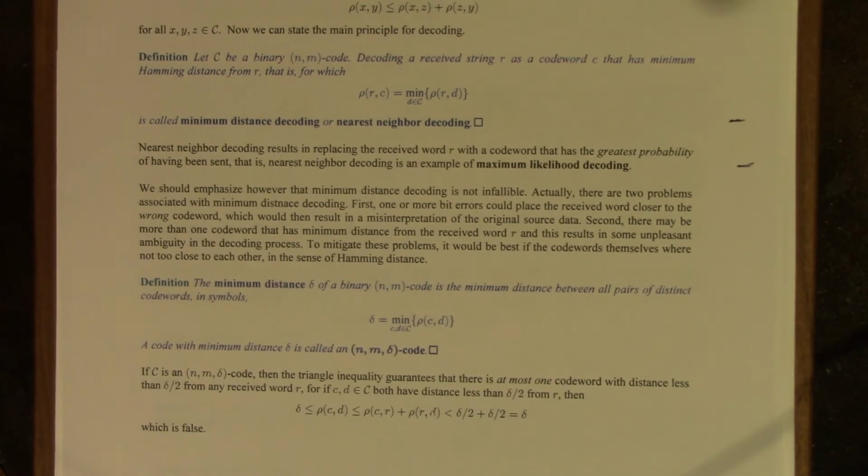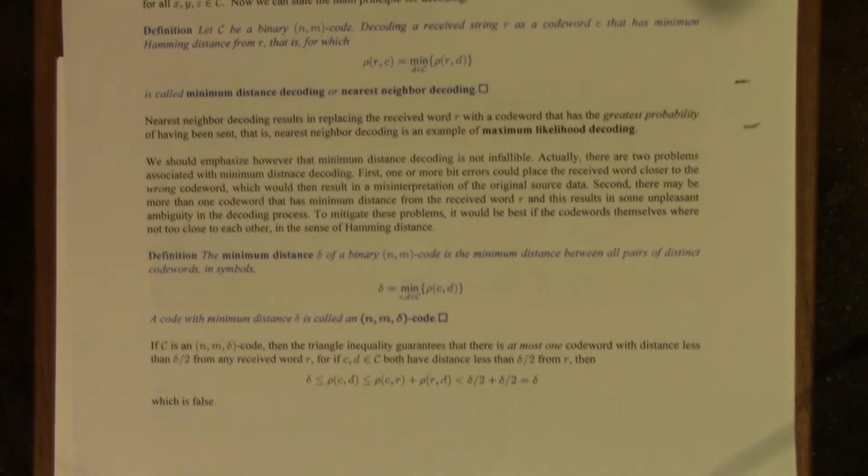You would assume that the wrong code word was in fact sent and misinterpret the data. The other problem is that there might be more than one code word at minimum distance from the received word, and then you have an ambiguity problem. Which one do you pick?